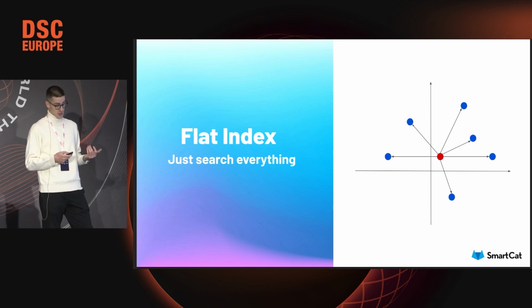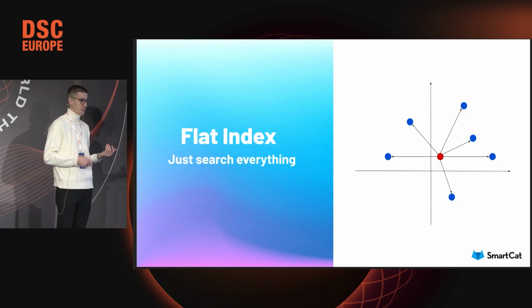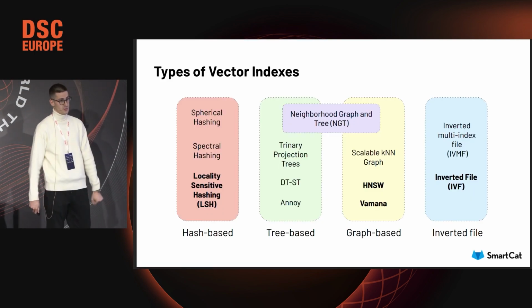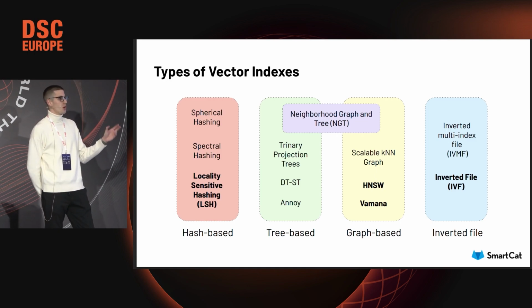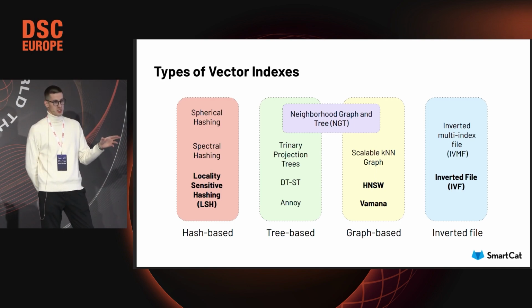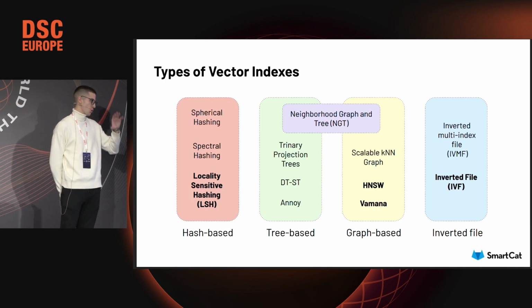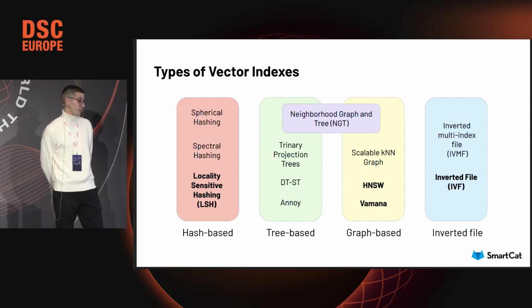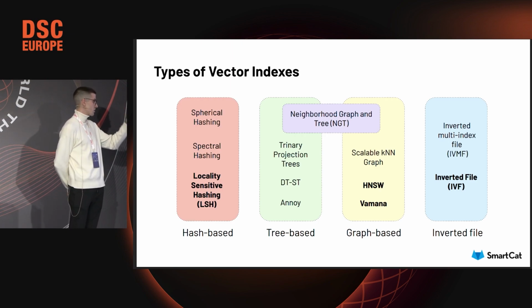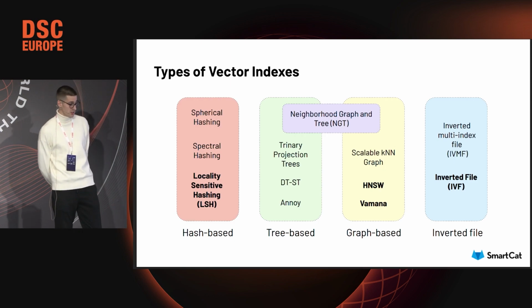And the solution, the same as in relational databases or any other type of database, is to use indexes. Now, what's an index? It's usually a data structure plus the algorithms that go with it to efficiently search our base. So here, our base are vectors. And in this context, there are 4 relevant types of indexes: hash-based, tree-based, graph-based, and inverted file indexes.